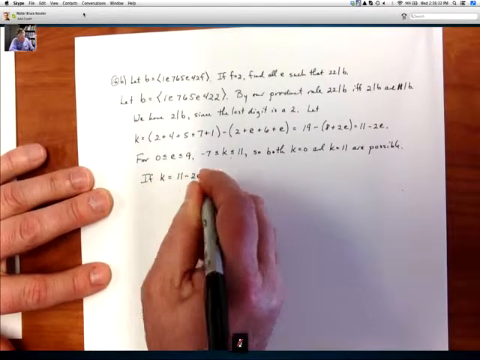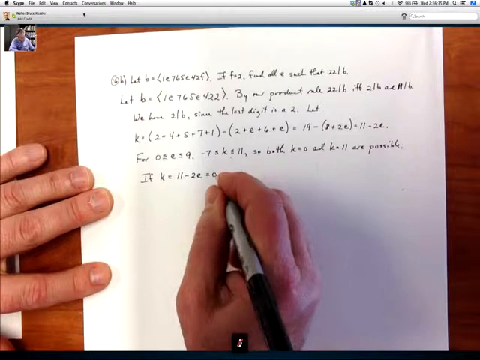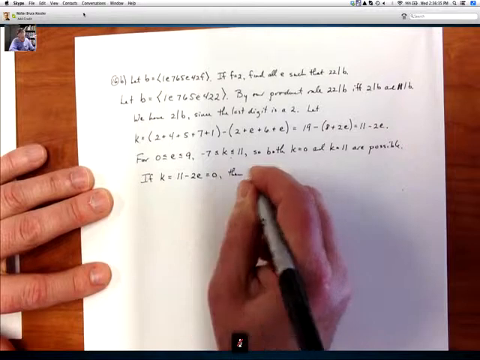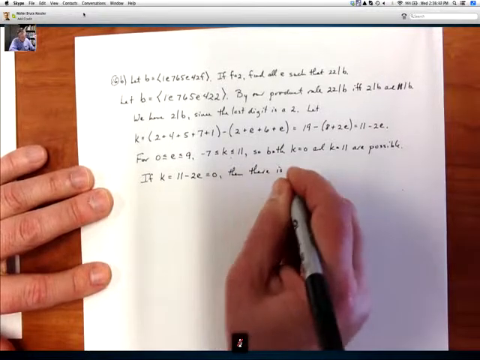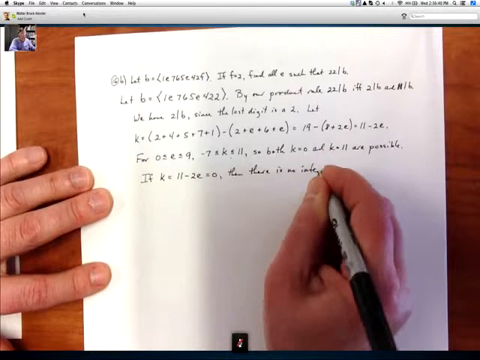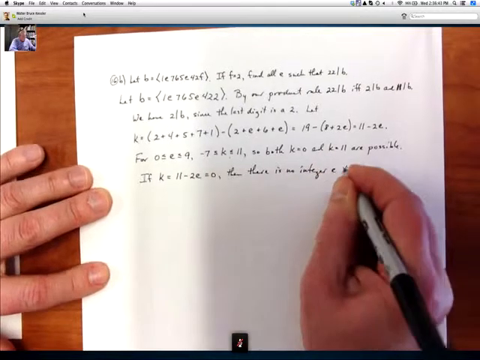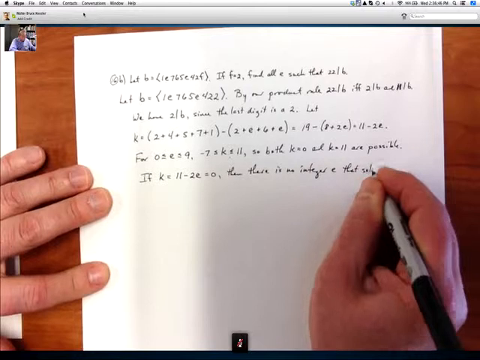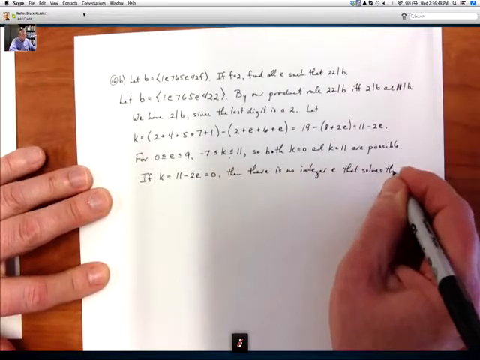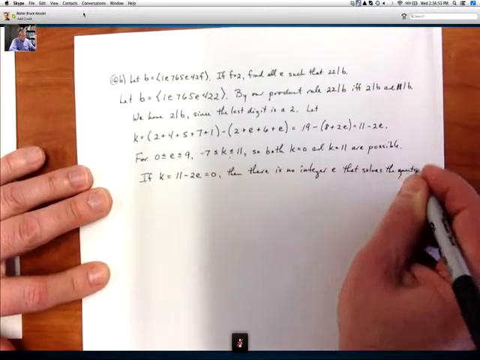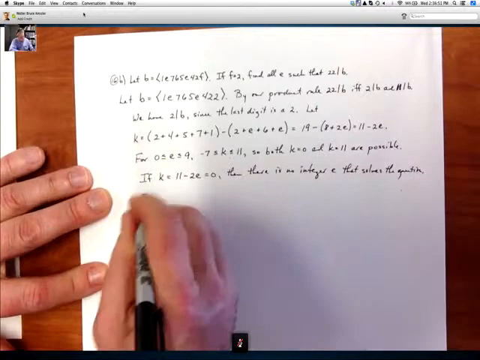If K equals 11 minus 2E equals 0, then there is no integer E that solves the equation.